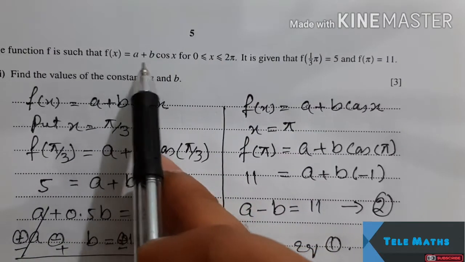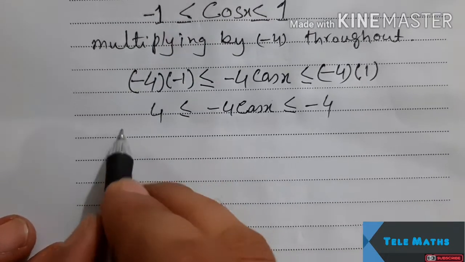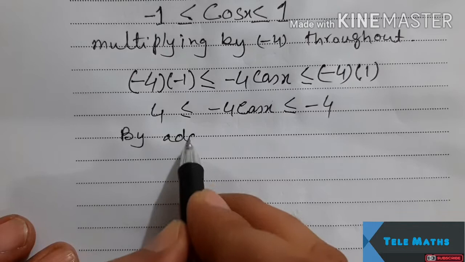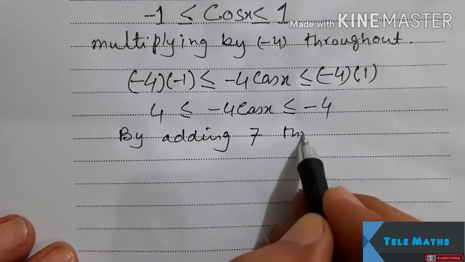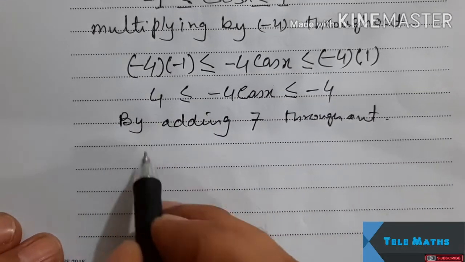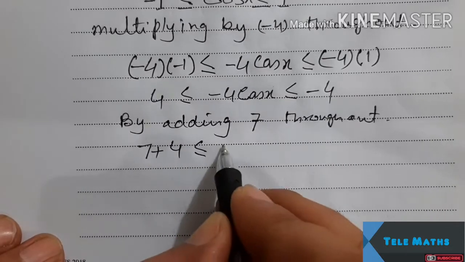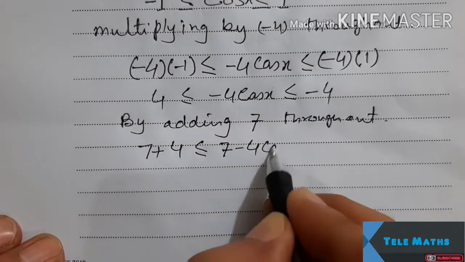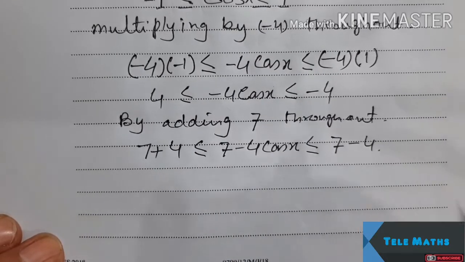Now our f of x is actually 7 minus 4 cos x, so I need to add 7 again. By adding 7 throughout, this will become 7 plus 4, 7 minus 4 cos x, 7 minus 4.